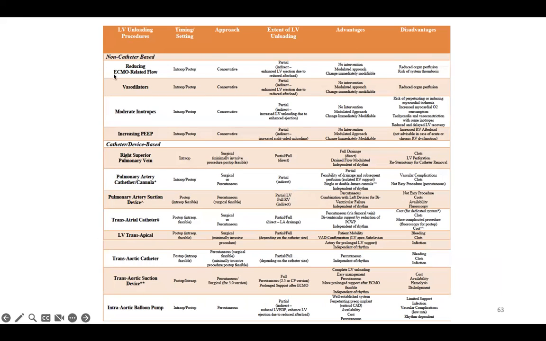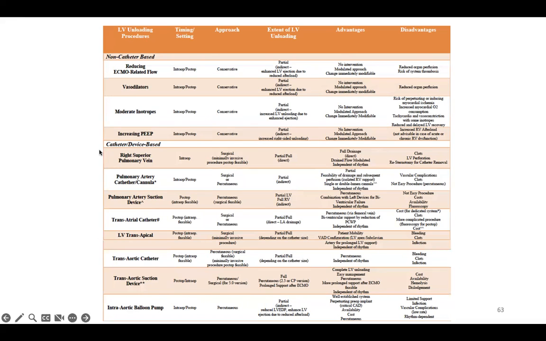If you reduce the afterload and if you reduce the ECMO-related flow, that might help to decrease LV distension. If you use vasodilators or moderate inotropes, and if you increase the PEEP, all of those measures, or non-invasive actions, might help to decrease LV distension.